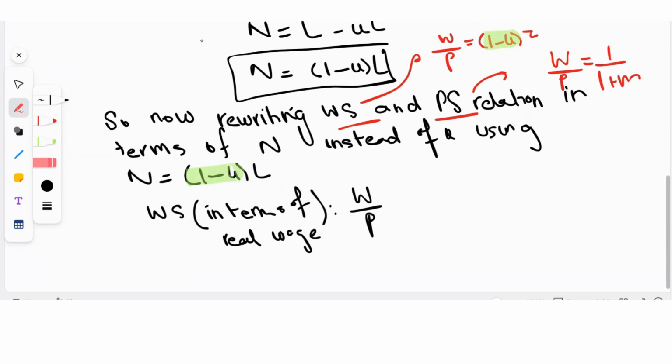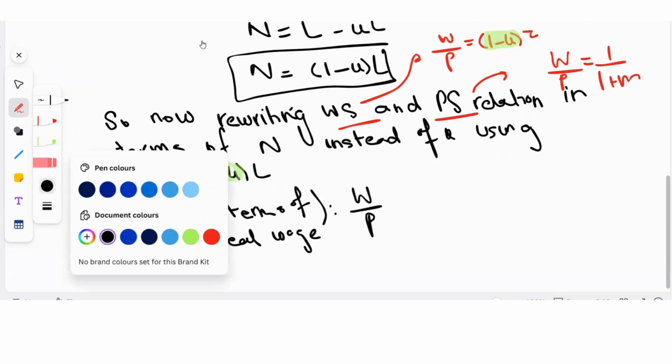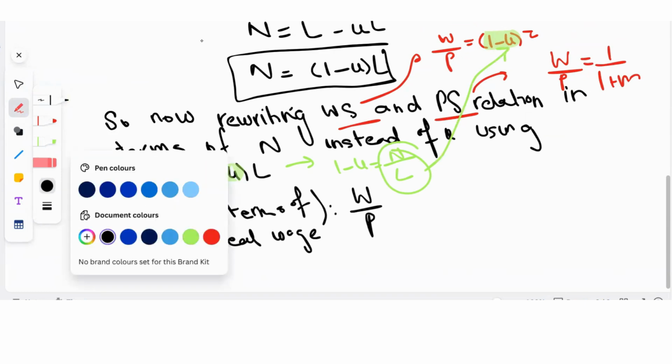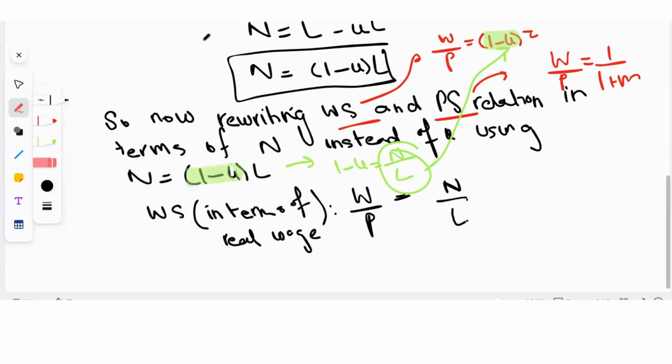We know 1 minus u is n by L. So now I can plug this over here and get my WS relation in terms of n. So this is going to be W by P is equal to Z times n by L.